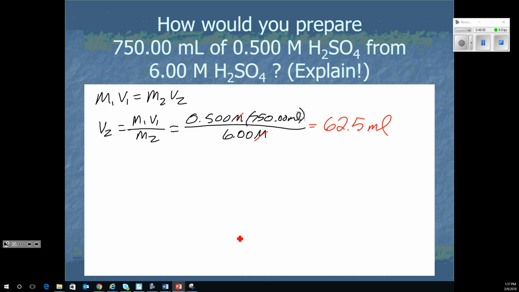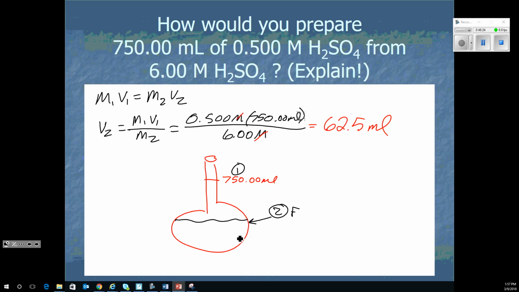Now it asks you to explain how to prepare it. I'm going to go over this again. We would get a volumetric flask that reads 750.00 milliliters. So that is step 1. Step 2, and I'm a visual person, so I'm doing it as pictures. If you want to write it in words, that's fine. Step 2 would be to fill about 3/4 full with distilled water.